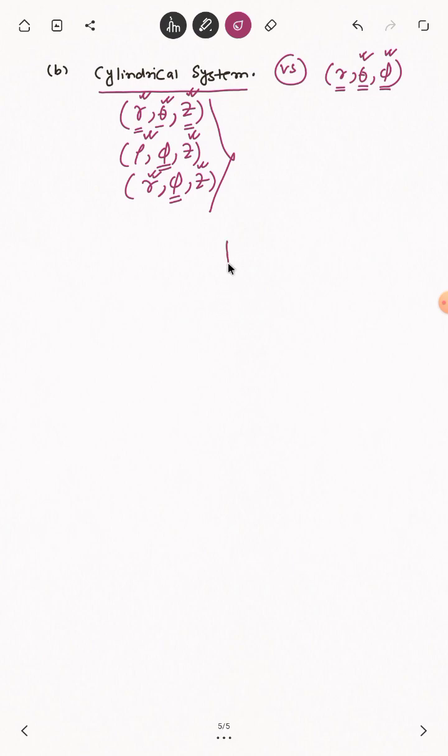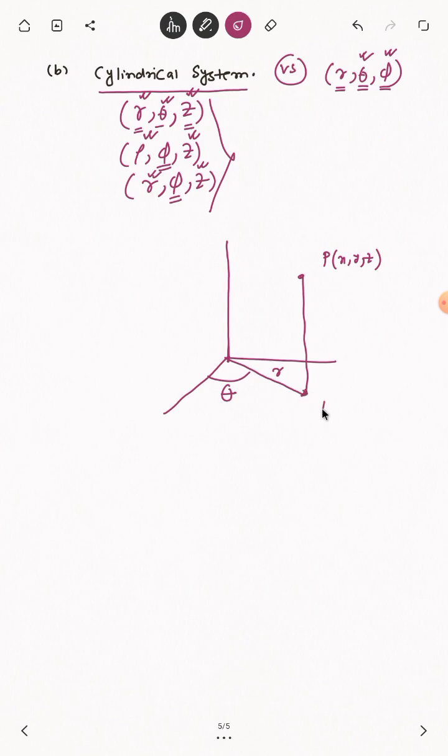Just see in the configuration, what the configuration was. From here we drew a perpendicular, again that was the P x y z, we drew from here, marked this angle, just mark this angle by theta, and this is our r here, this is n, and finally this is z. So one angle theta, one distance r, and for vertical measurement we would like to use z.